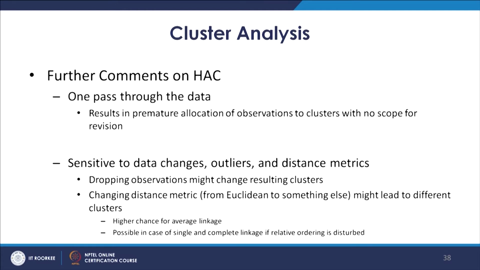As we talked about in the previous lecture, if we change the distance metric from Euclidean to something else and the relative ordering remains the same, then the results of single and complete linkage might remain the same. However, if this relative ordering is disturbed because of the change in the distance metric, then of course the results for even single and complete linkage might also change.